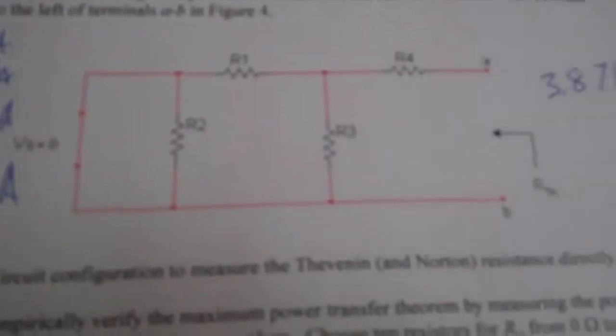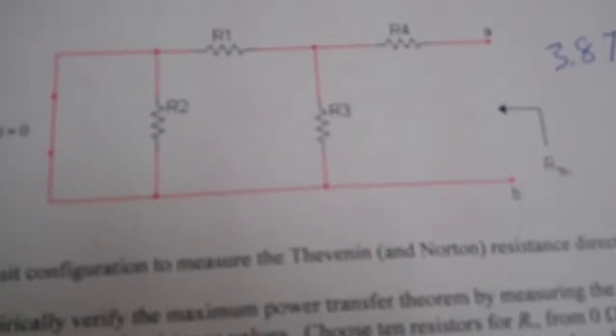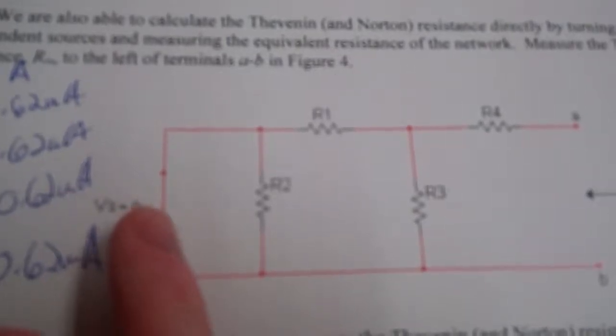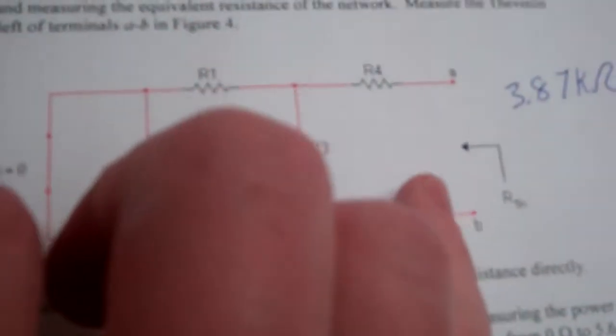And then the next part is you can actually measure the Thevenin resistance directly on the circuit board. What you do is you remove the voltage source, and then you measure the resistance across the nodes. Again, this is hard to do one-handed, but you can put in a wire across and short the voltage source.